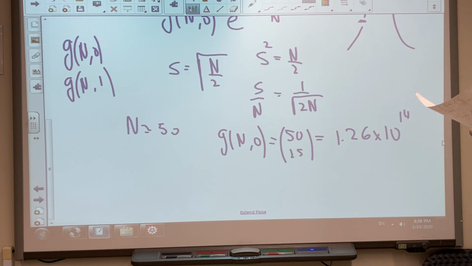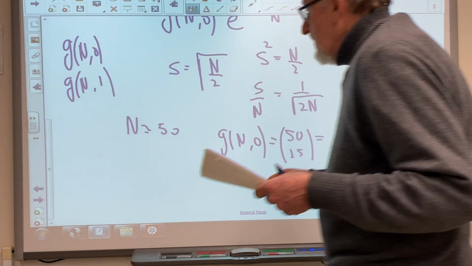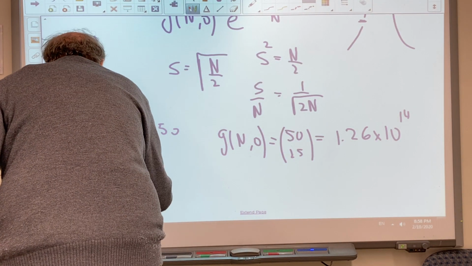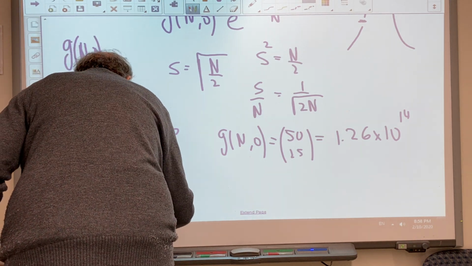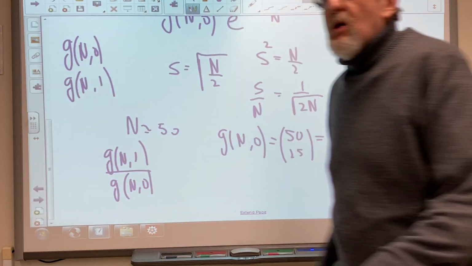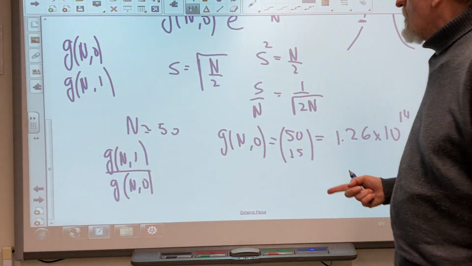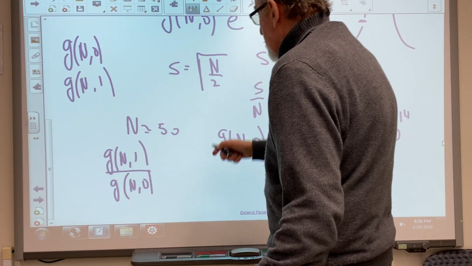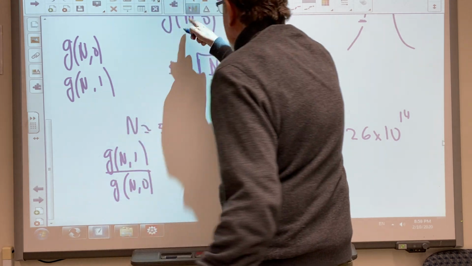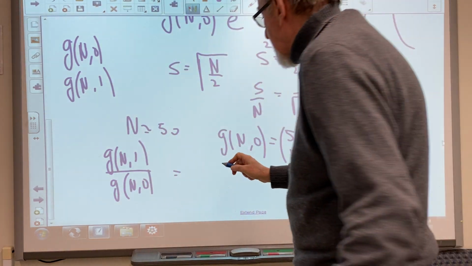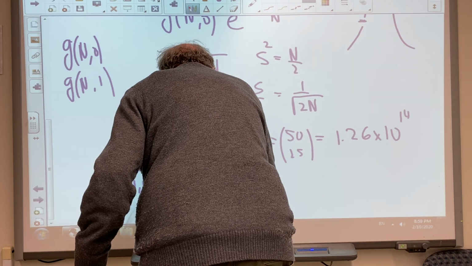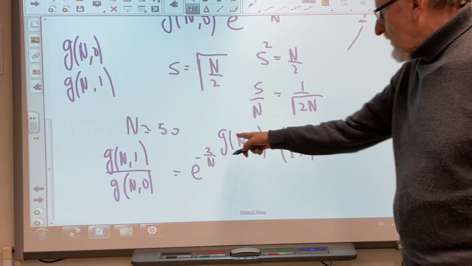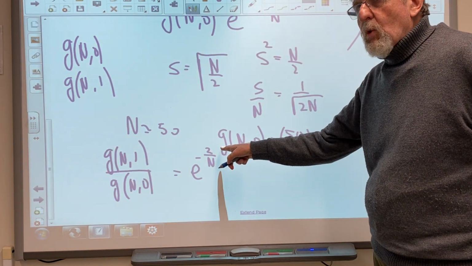If you calculate the probability, you divide G of n1 over G of n0 to see how much smaller is the probability of pointing one wrong. Well, if you go to the other expression, what do you get? The G of n0 cancels, and you get e to the minus 2 over n, because it was e to the minus 2 s squared over n.